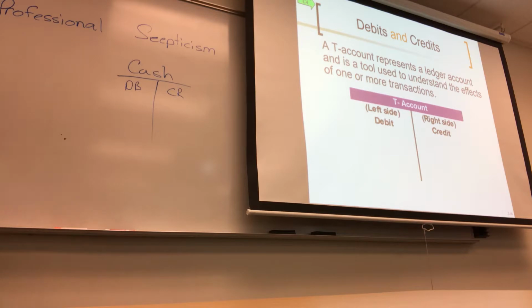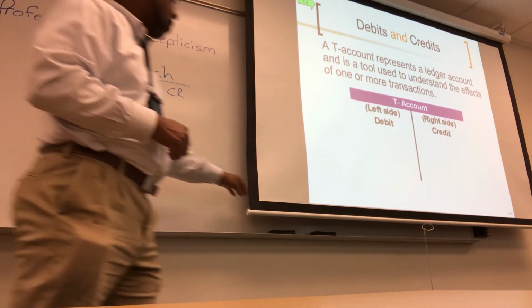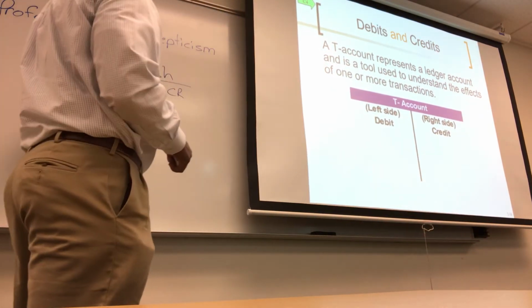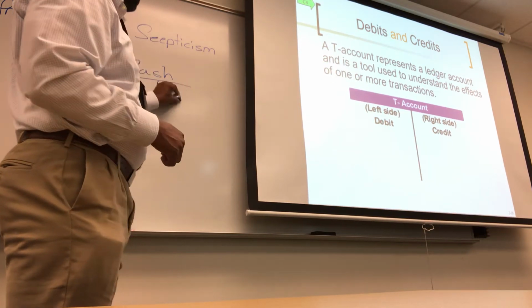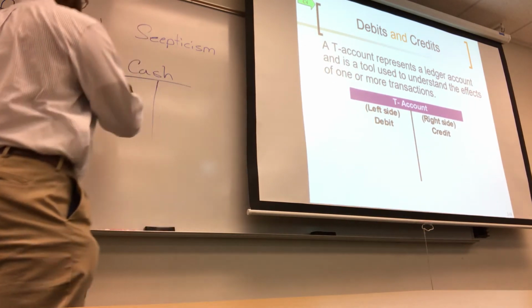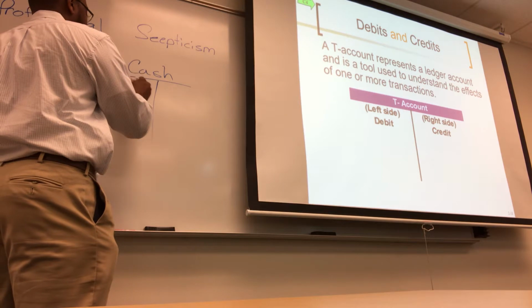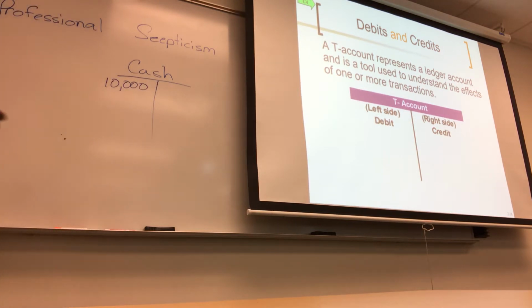And so when you see a T account, you may see it look like this. And basically what you're seeing is there's a transaction where they debited $10,000 in cash.